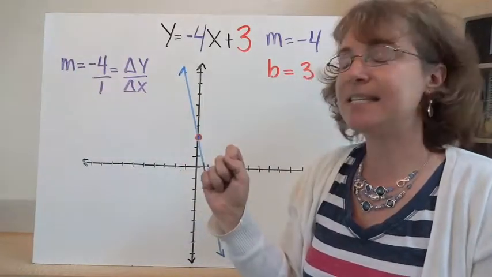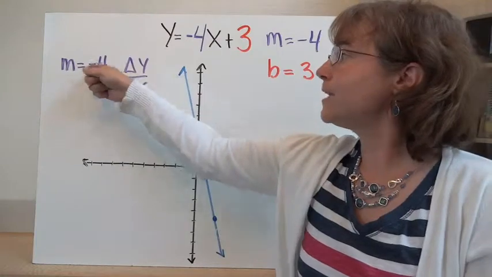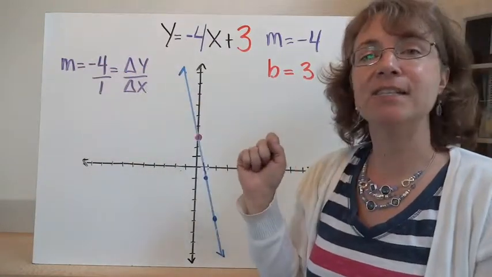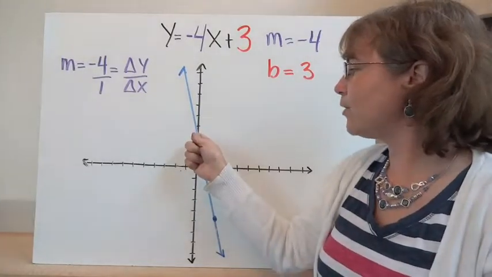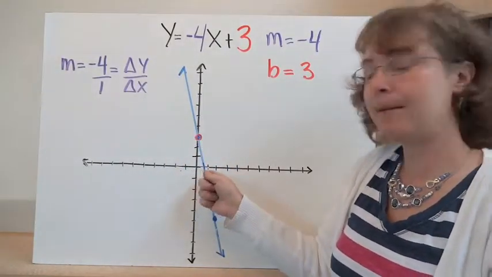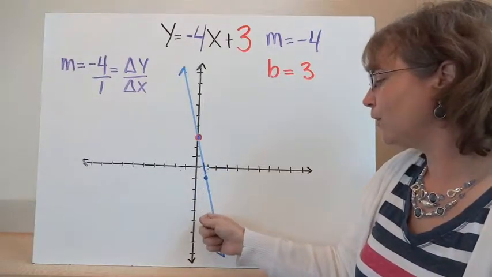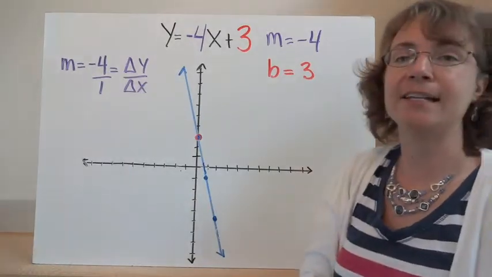Our slope is the same as -4 over 1. That means I'm going to go down, because of the negative, on the y-axis 4 for every 1 I go over on the x-axis. So I go down 4, 1, 2, 3, 4, over 1. I can plot that point. Down 4, over 1. Plot that point, use a straight edge to connect.